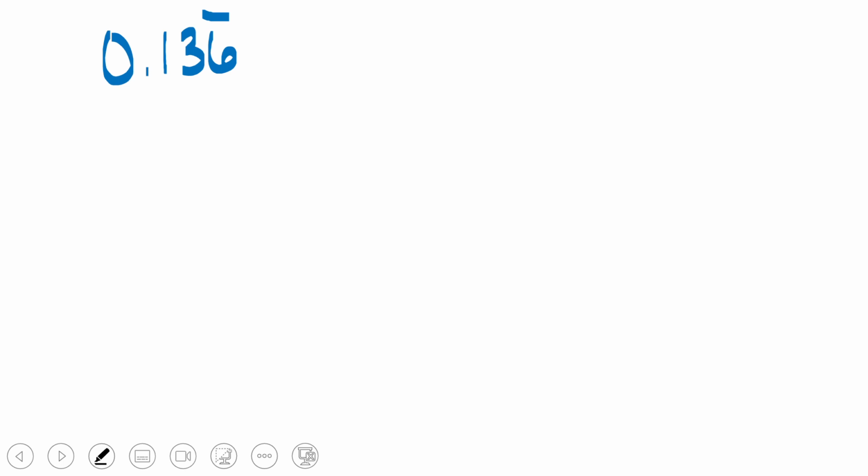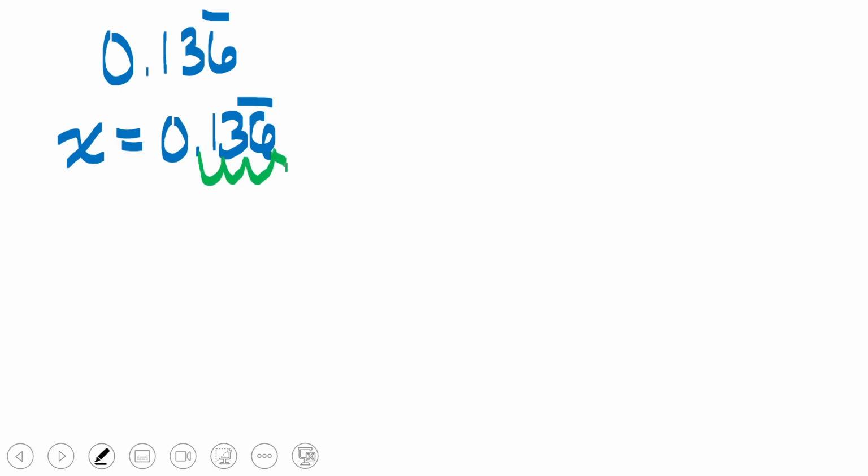Set your repeating decimal equal to x, just like we did before. All right, we need to multiply both sides by something. It's going to be 1,000. 1, 2, 3 to the right for our decimal to have a nice round whole number.